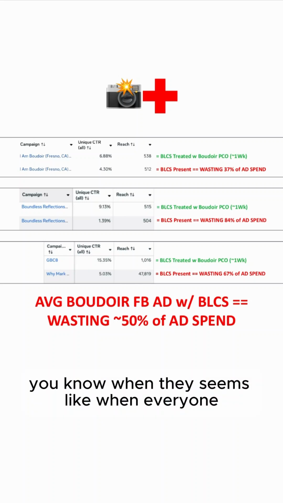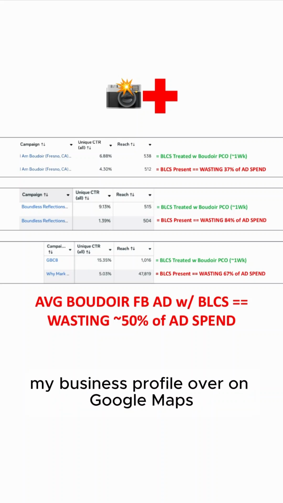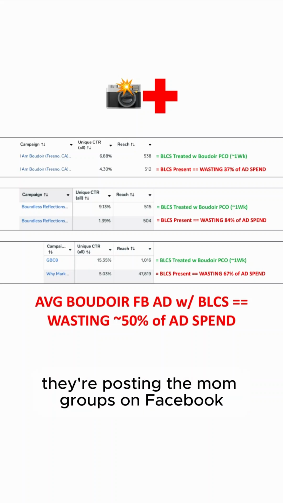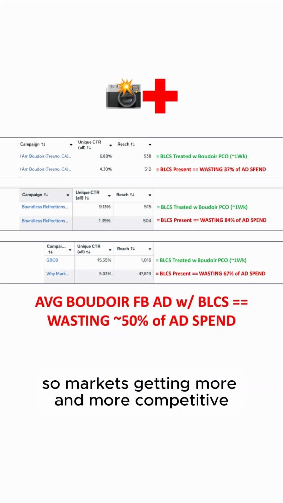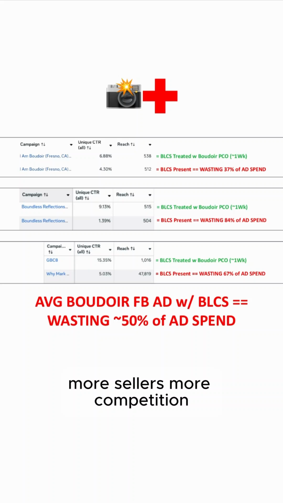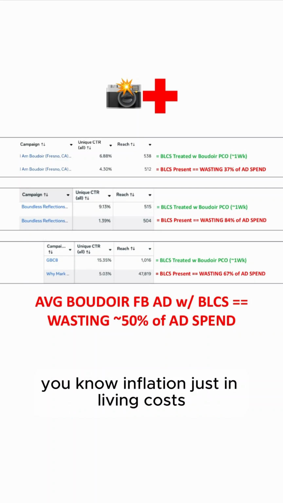It seems like anyone who gets a new iPhone, they're throwing up a new Google My Business profile over on Google Maps, saying they offer boudoir. And if anyone gets a new camera, they're posting in the mom groups on Facebook that they also shoot boudoir. So market's getting more and more competitive. Same number of buyers, but more sellers, more competition. So you're seeing more saturation, harder to get clients, and you're also seeing inflation just in living costs.